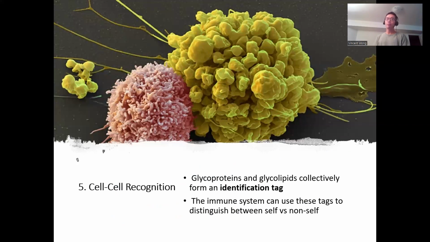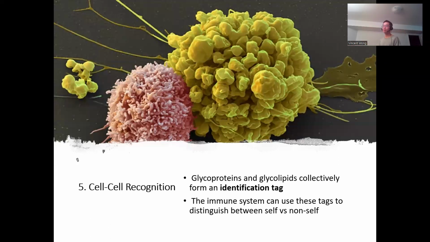Everybody has unique identifiers on their cells. Your cells are going to look different than my cells. No one will have the same set of identification tags as you unless you have an identical twin. Even your kids will have similar identification tags as you on their cells, but not identical ones.